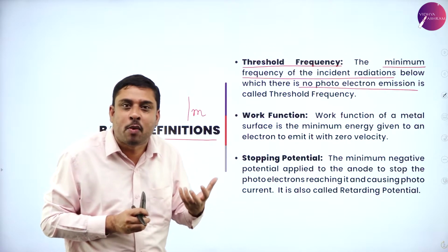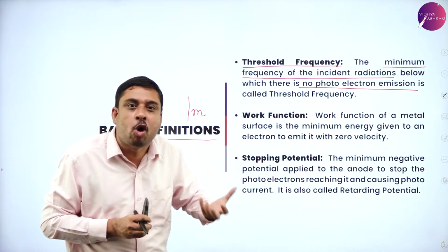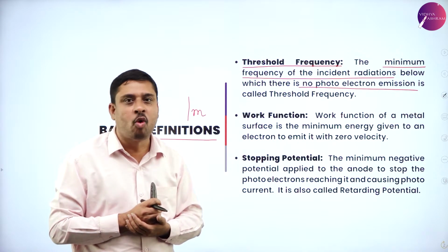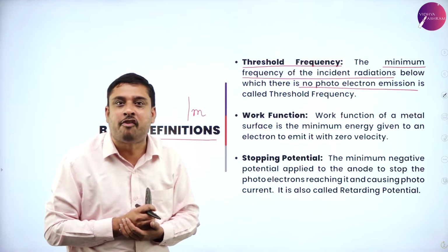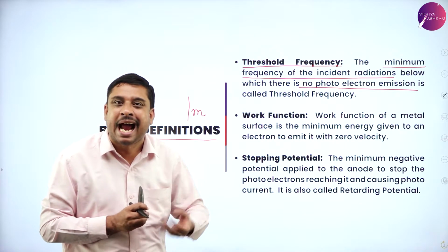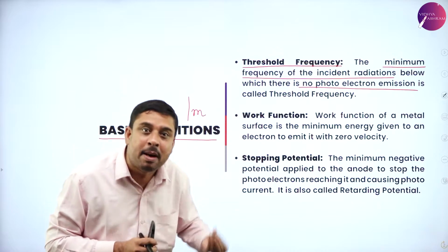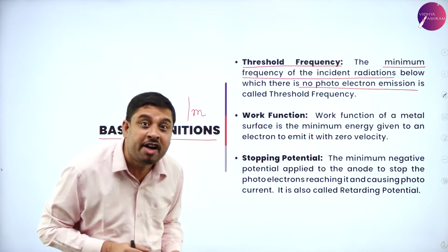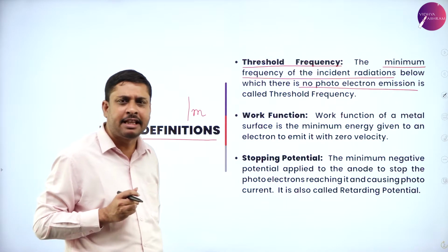If the frequency is below that minimum frequency, there is no liberation of photoelectrons, and this minimum frequency is called threshold frequency.